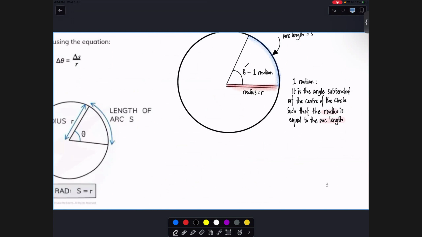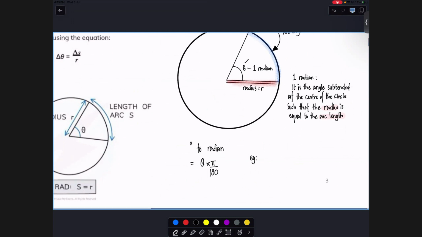So degree to radian conversion: theta into pi by 180. Okay, example হচ্ছে 30 degrees, how many radians, right? So 30 degree to radian কি হবে? 30 into pi divided by 180. So how much is that? Pi by 6.